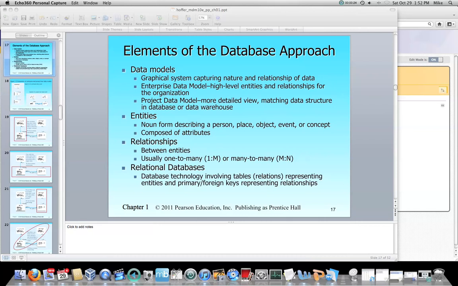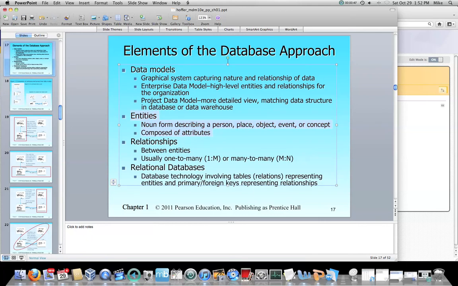We are going to now talk about data models. When we talk about data models, we're talking about going from the file processing system and trying to determine from the files what are the things that we're trying to keep track of: the people, places, and things. Those things are entities.